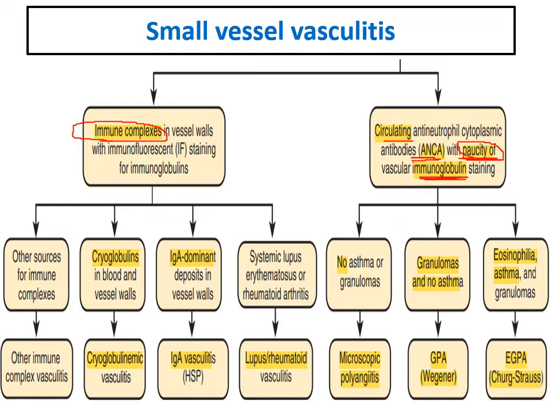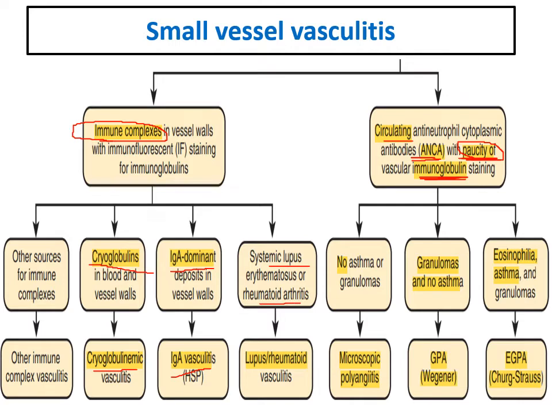Immune complex mediated vasculitis can be mediated through cryoglobulins in the blood, so it is called cryoglobulinemic vasculitis, or through immunoglobulin A, so it's called IgA vasculitis, or through systemic lupus or rheumatoid arthritis.